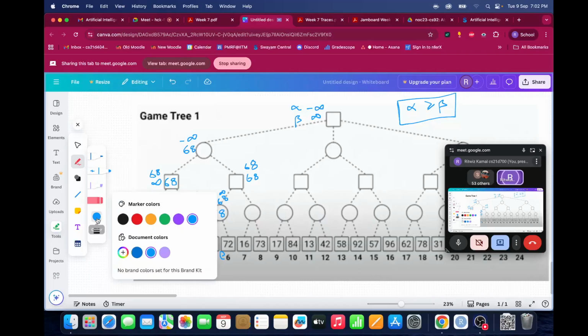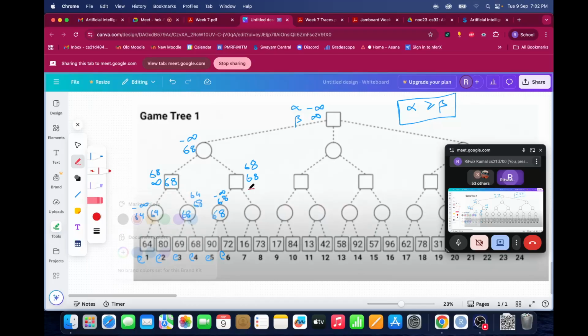And by virtue of that cutoff, this whole subtree will not be evaluated henceforth. Essentially, we are cutting off this edge, but because we are cutting off this edge, the children below it in the subtree will also not be evaluated going forward, right? So we can just cross it out.